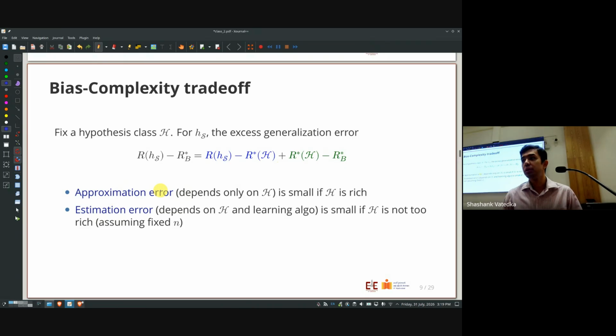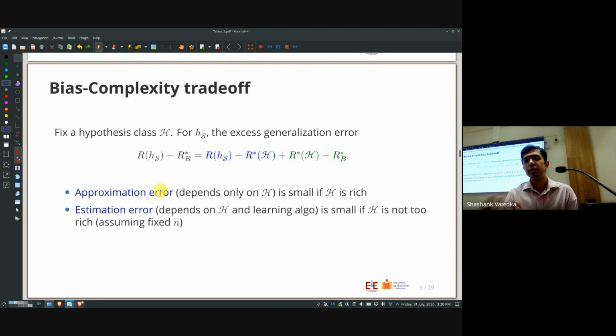One is by choosing a rich enough class of functions that encompasses almost everything there is. The other is if you already have some prior information about the ground truth. For example, somehow you got to know that your ground truth is going to be a low degree polynomial. Then you could choose your hypothesis class suitably, as the set of all polynomials of a certain degree.